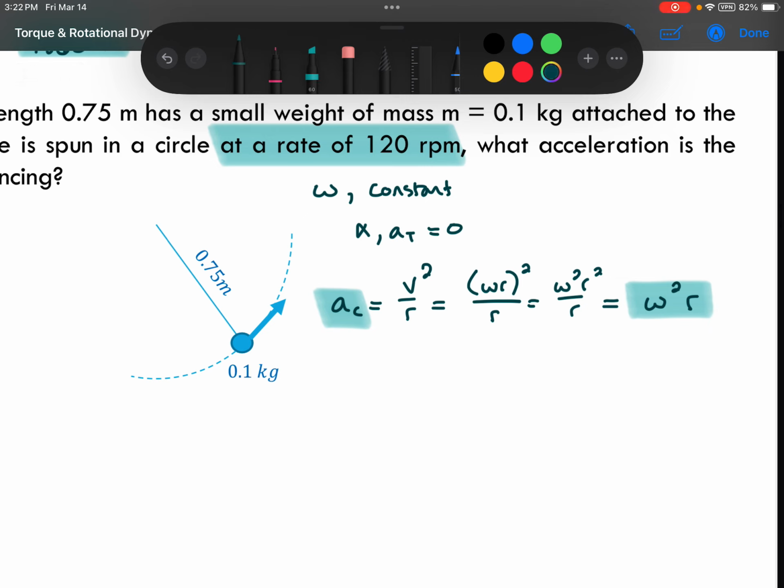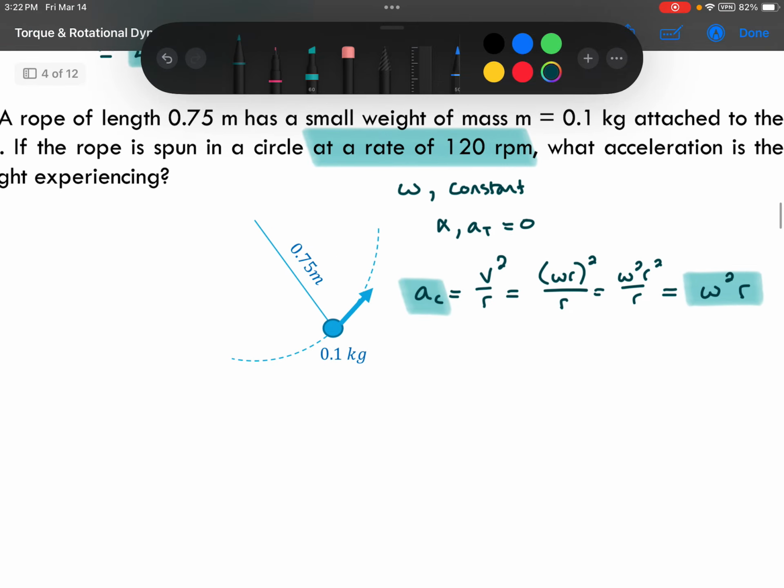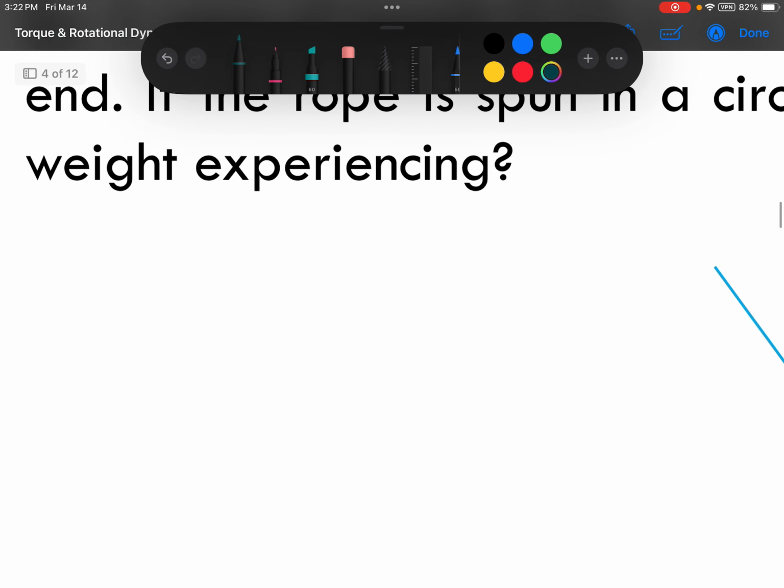The one other thing we need to do: the rate that we're given is 120 RPM, and RPM is revolutions per minute. But as we know, our SI unit is radians per second.